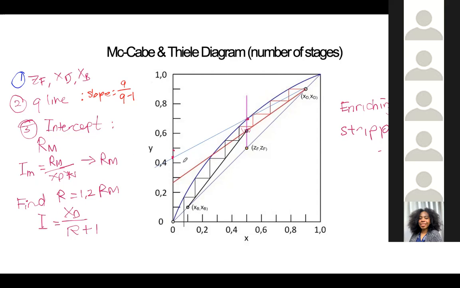So we have to find this line first, which is the minimum reflux, XD divided by RM plus 1. Yes. So later in your graph, construct this one, and then you want to read the scale.